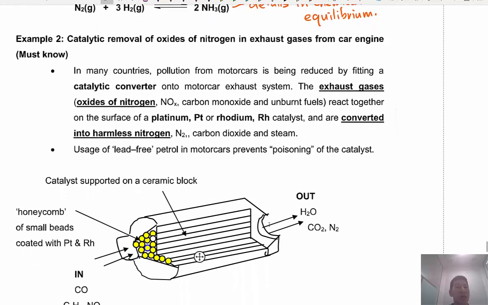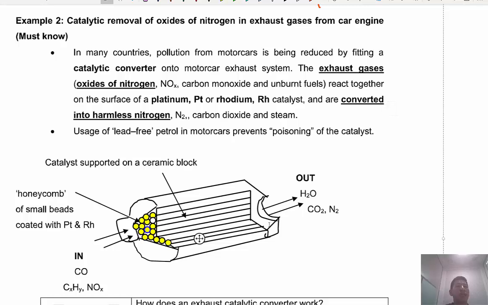Okay, let's go on to the second example, catalytic converters. So catalytic converters reduce pollution by converting the possible polluting gases, the exhaust gases, on a catalyst into harmless products.